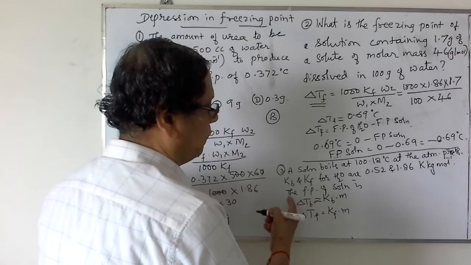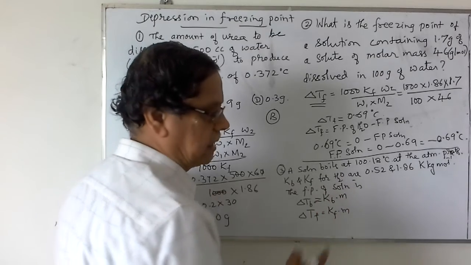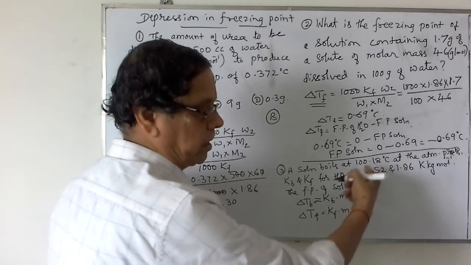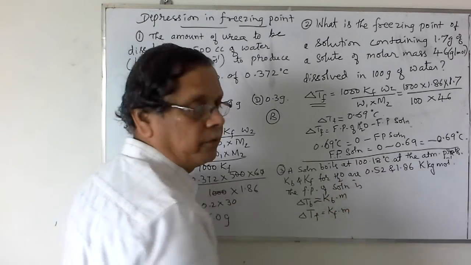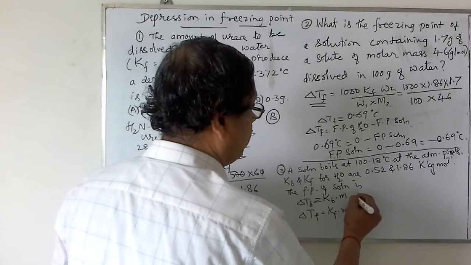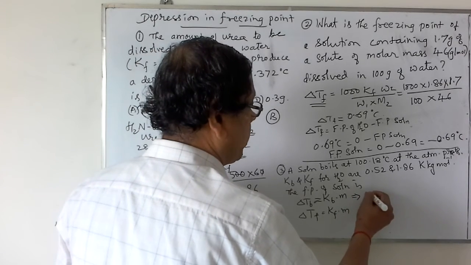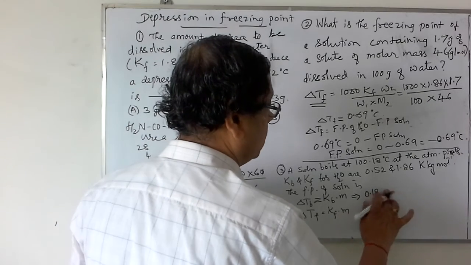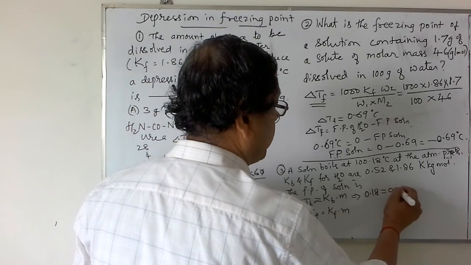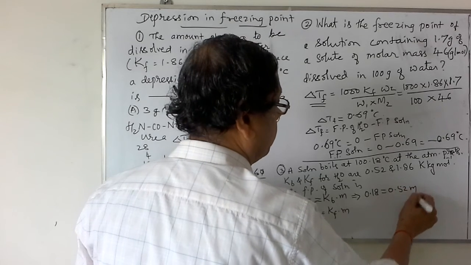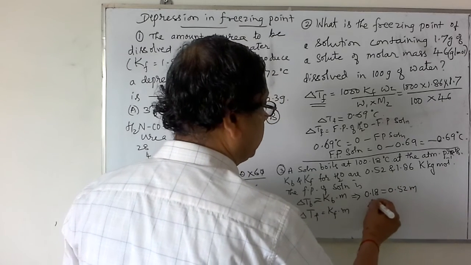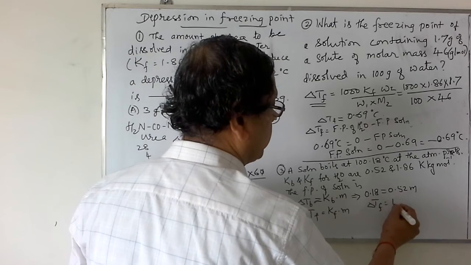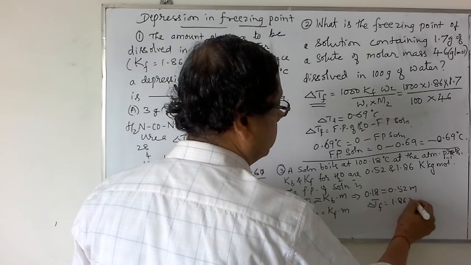Now you remember, the freezing point of the solution is asked, for the same solution which boils at 100.18 degrees Celsius. So from this we have 0.18 is equal to 0.52 into m, and delta Tf is equal to 1.86 into m.